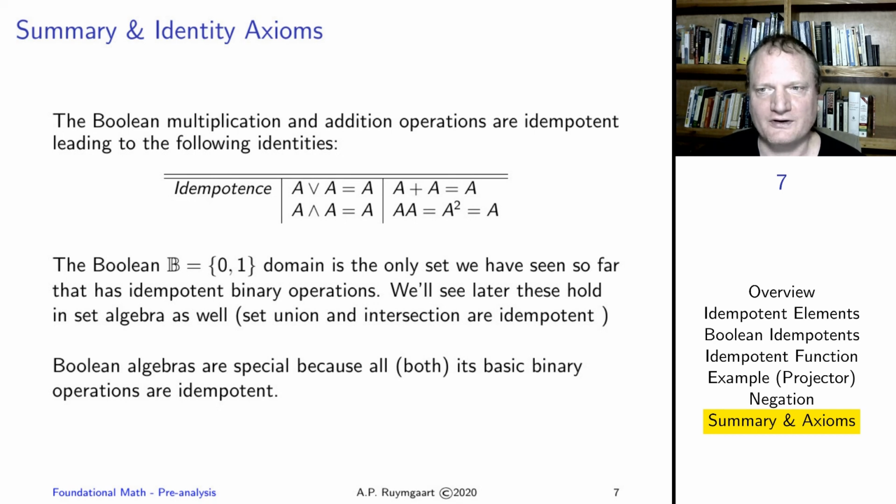We did also see that Boolean algebra is a bit of a special case here, that in most number sets the binary operations are not idempotent, at least not with respect to all elements of the set. We did see idempotence, in addition and multiplication, for just a few elements in other sets.